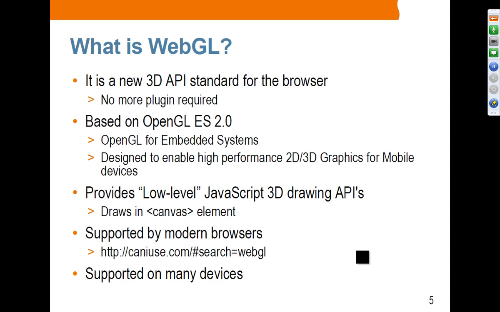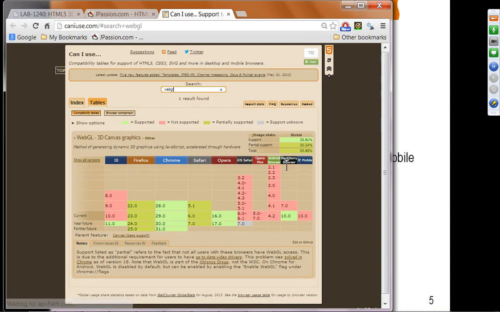Yesterday we learned that in order to draw 2D graphics, you pass 2D as a context value, and as you are going to see later on, in order to do 3D graphics, you pass WebGL. It's supported by modern browsers. If you take a look at the support level for WebGL right now, it's modern browsers.